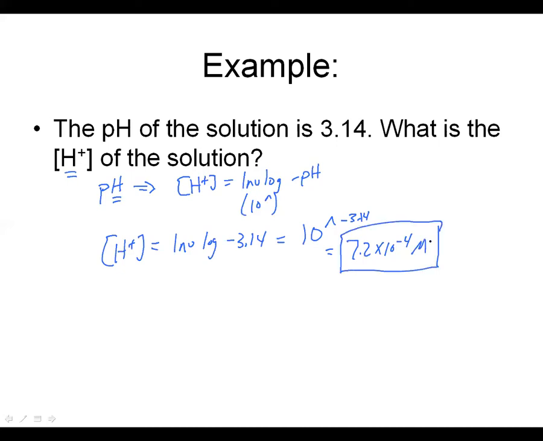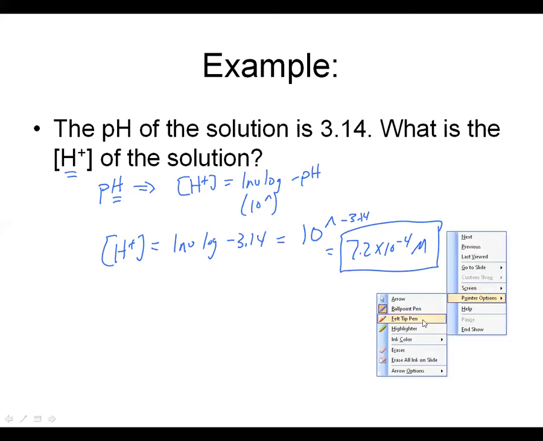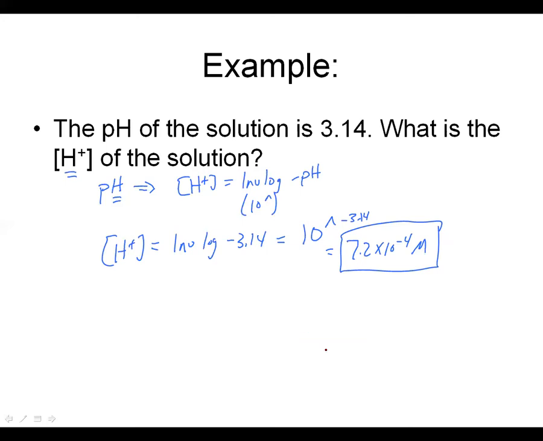A couple of things about that answer: your calculator may not give it to you in scientific notation, so you may have 0.00072 given to you, which is fine as well. But we're going the other way here, from pH back to concentration, so we also want to think about sig figs.